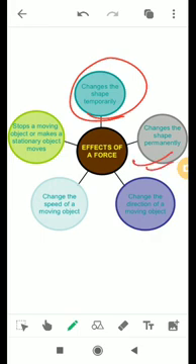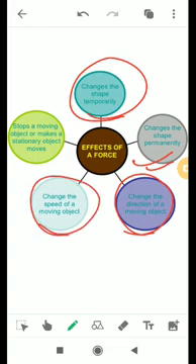It can change the direction of the moving object. Means when a force is applied on a moving object, then it can change the direction also. Like suppose a moving ball falls on the bat, then due to the force by the bat, the ball goes in some other direction.